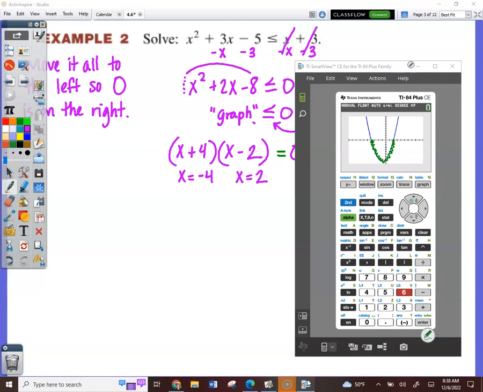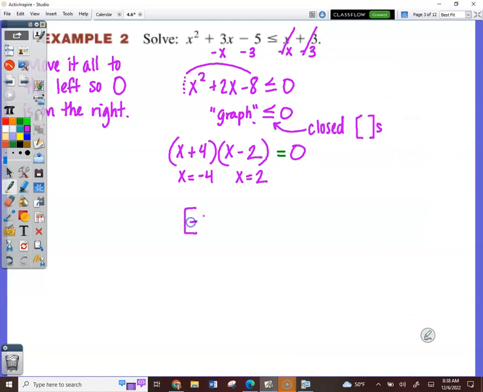Which means now you need to go to the x-axis itself and actually see what those numbers are. So that would be this section right here. So -4 to 2 is your solution set. Does that make sense?